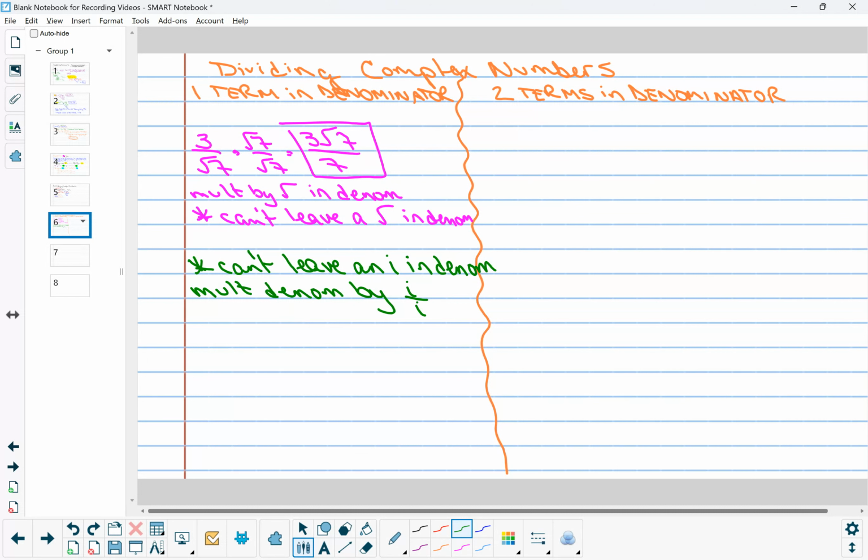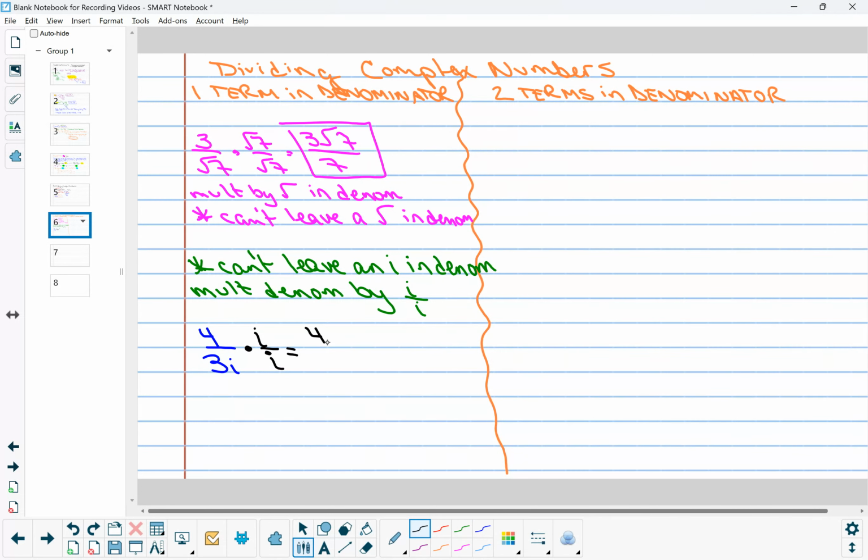We don't need to multiply by the coefficient because we're just going to make it bigger by a factor of that. So if we see something like 4 over 3i, we're just going to take this guy and multiply by i over i. Okay, so that's our strategy.